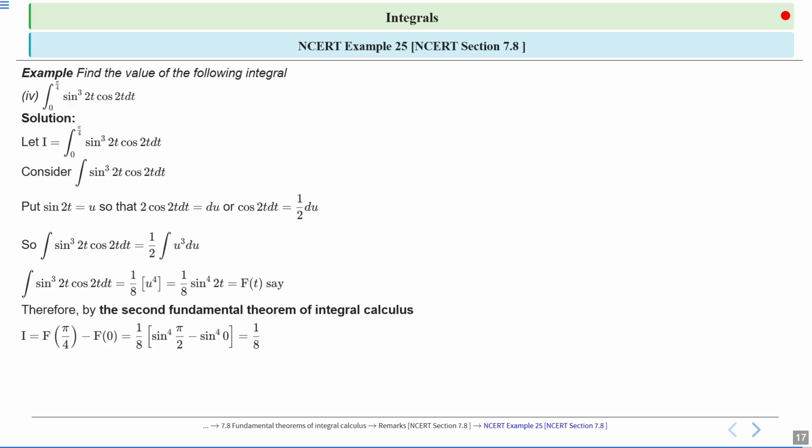So when we substitute pi by 4 in capital Ft, we get 1 by 8 sine to the power 4 of 2 into pi by 4, so pi by 2, minus 1 by 8 sine to the power 4 of 0. The value of sine pi by 2 is 1 and the value of sine 0 is 0. So the value of the definite integral is 1 by 8.